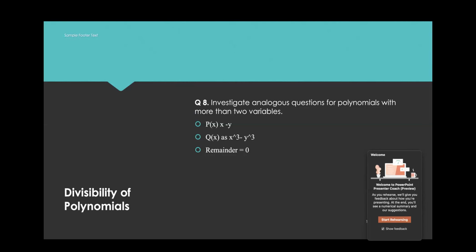To further increase this, we can also observe complex dynamics of polynomial functions within conditions like rational coefficients or modular arithmetic. So if we consider a simple multivariable expression, p of x is equal to x minus y, and q of x is equal to x raised to the power 3 minus y raised to the power 3, and we divide them, we do get a remainder 0, which shows that it is divisible, as an inference.